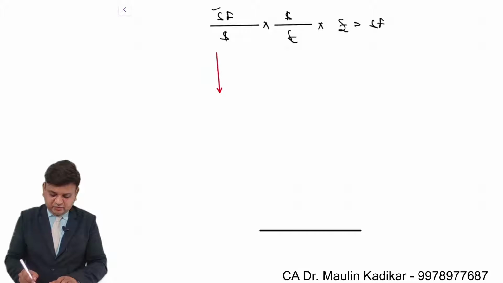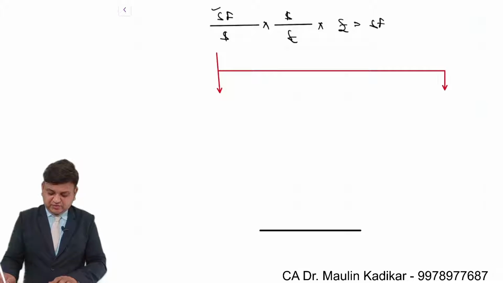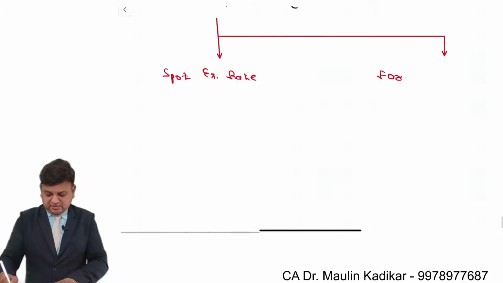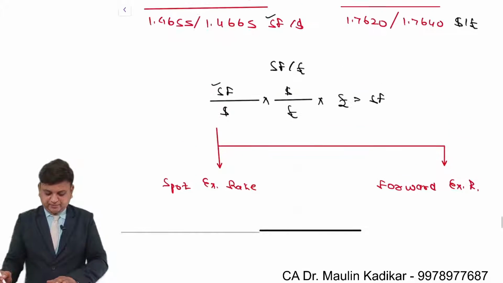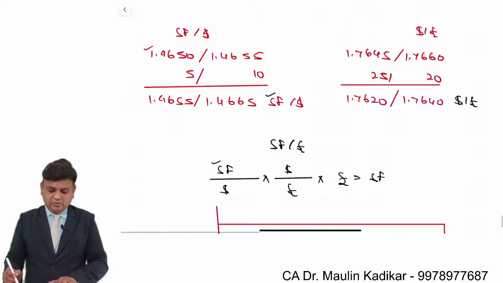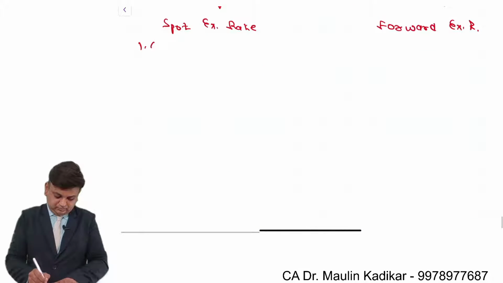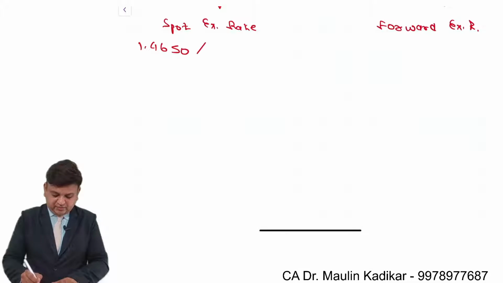There are two things that we have to find. One is spot and another is forward. Spot exchange rate and forward exchange rate. In spot, this is the rate 1.4650 slash 1.4655.